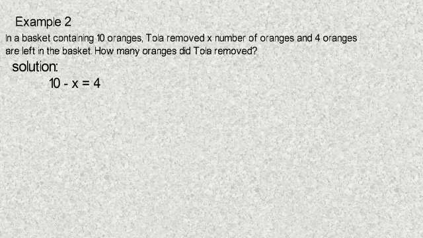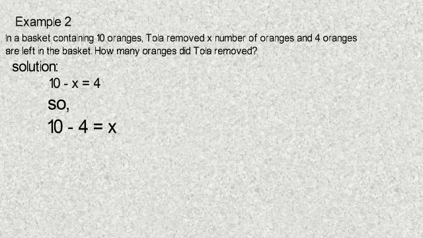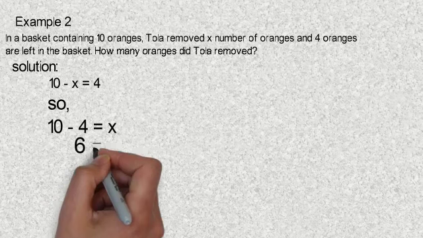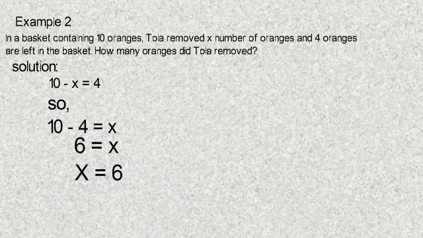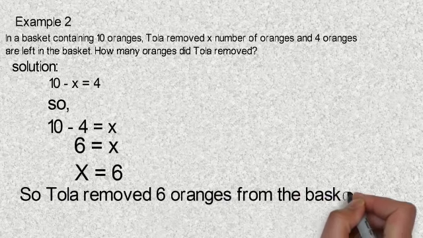Our 4 is also crossing from the right to the left over the equal to sign. You can see that our 4 is a positive number, which is a positive integer. So we are going to change it to minus, because when it crosses over the equal to sign, it will change to minus. So I have 10 minus 4 equals x. Here 10 minus 4 will give me 6, which equals x. So here x is equal to 6. So Tola removed 6 oranges from the basket.